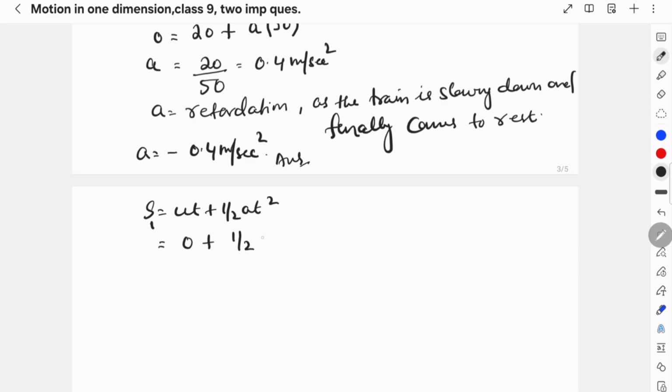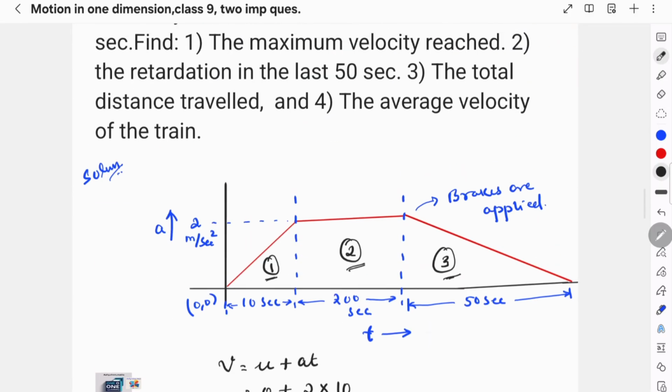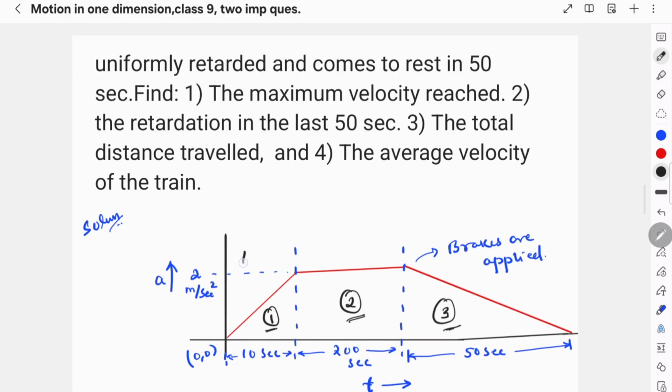And this is half, acceleration was 2 meter per second square, into the time of 10 seconds, so 10 square. This is equal to 100 meters for S1. So we have covered 100 meters in the first part.